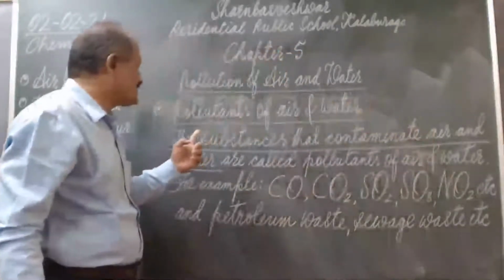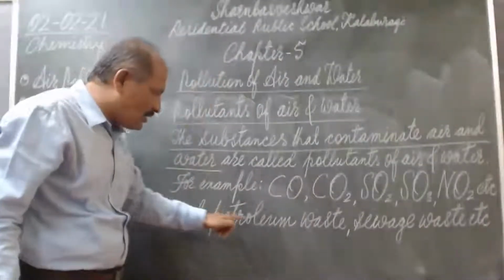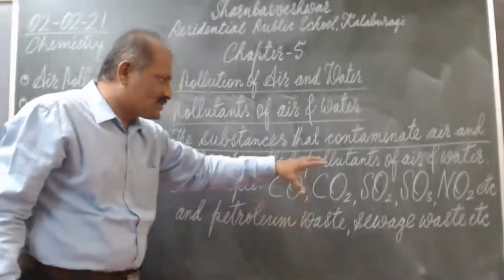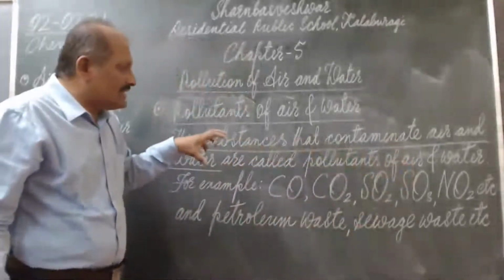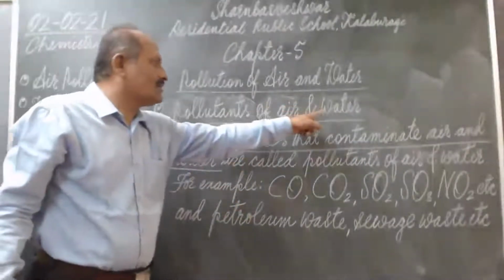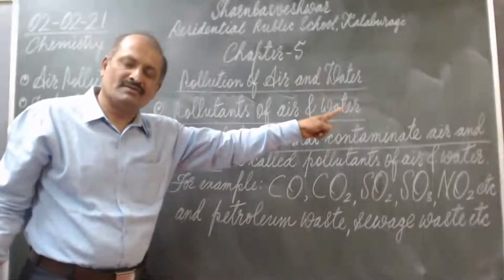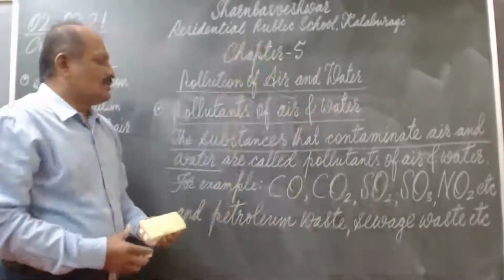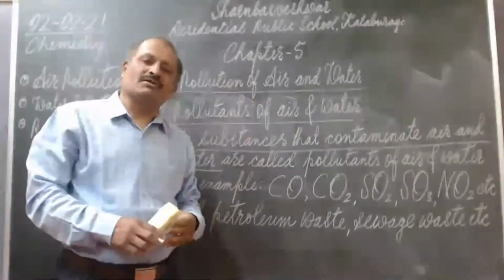Therefore, they are called pollutants of air. And I said, petroleum waste, sewage waste, wastewater, they contaminate water. Therefore, they are called pollutants of water. Right? So, dear students, this is all about pollutants of air and water.